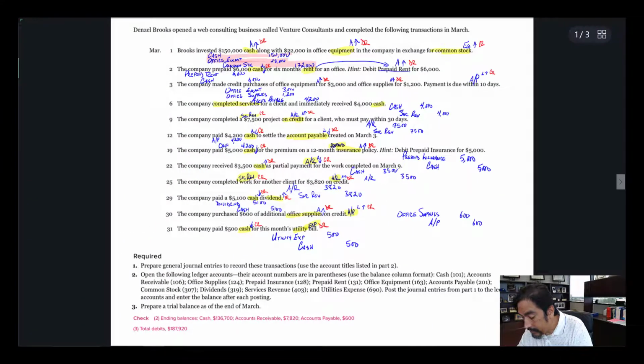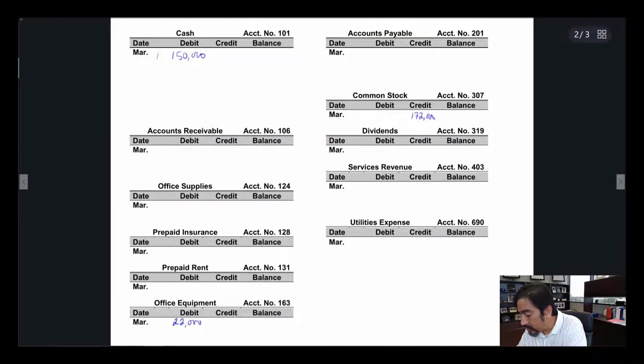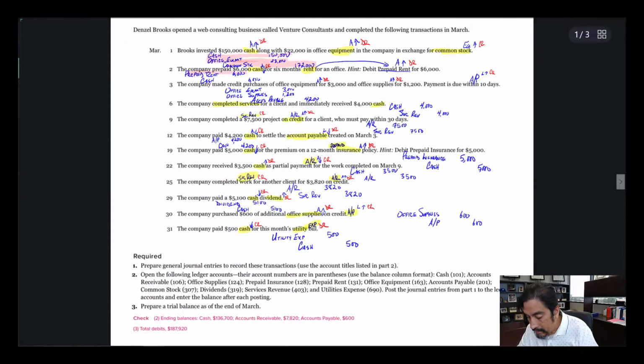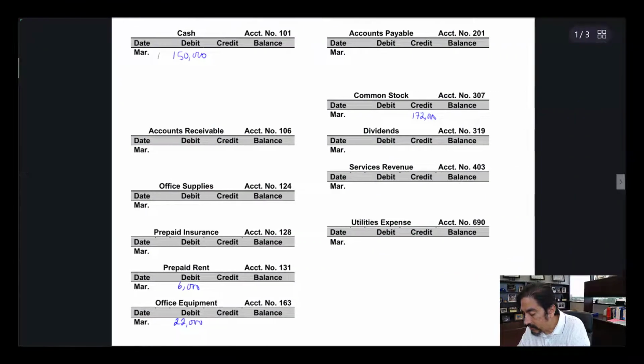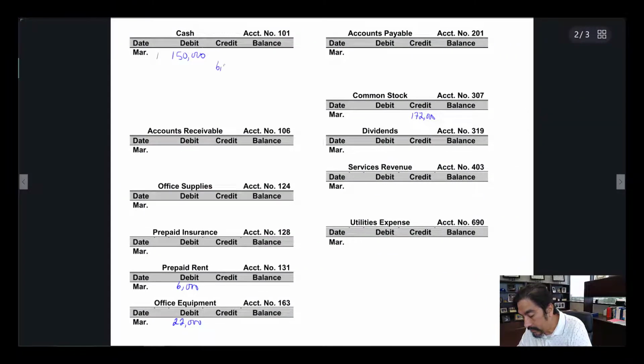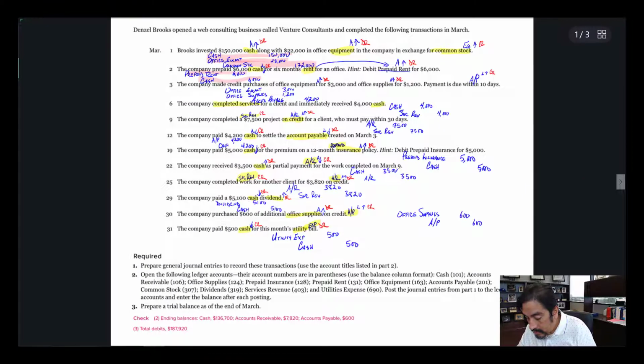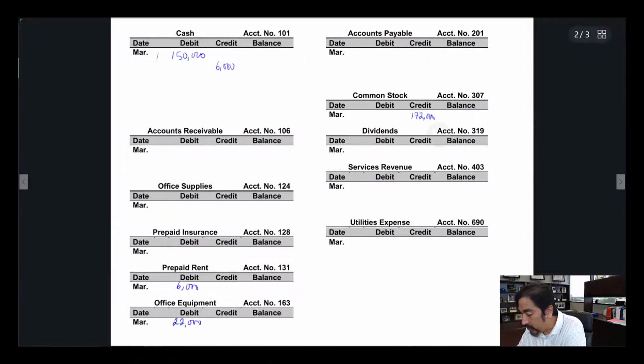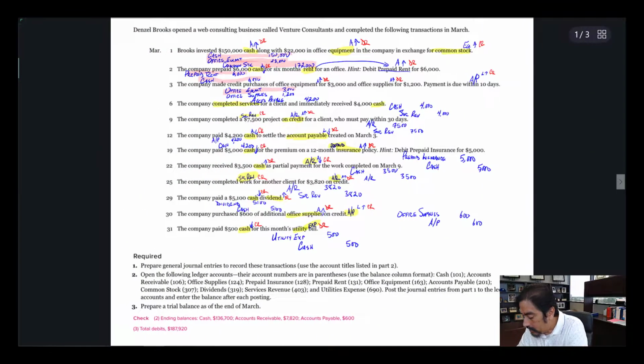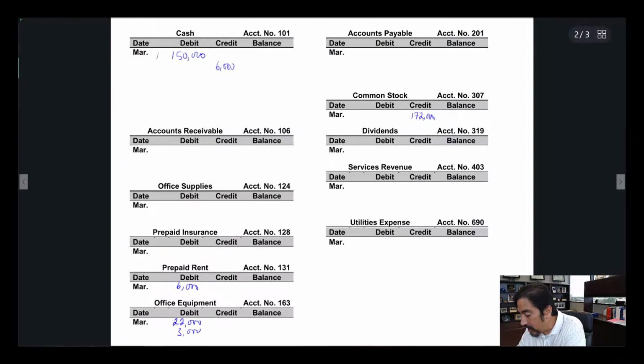I've got a debit to prepaid rent for $6,000. A debit to prepaid rent for $6,000. I've got a credit to cash for $6,000. Next, I've got a debit to office equipment for $3,000. I've got a debit to office supplies for $1,200.